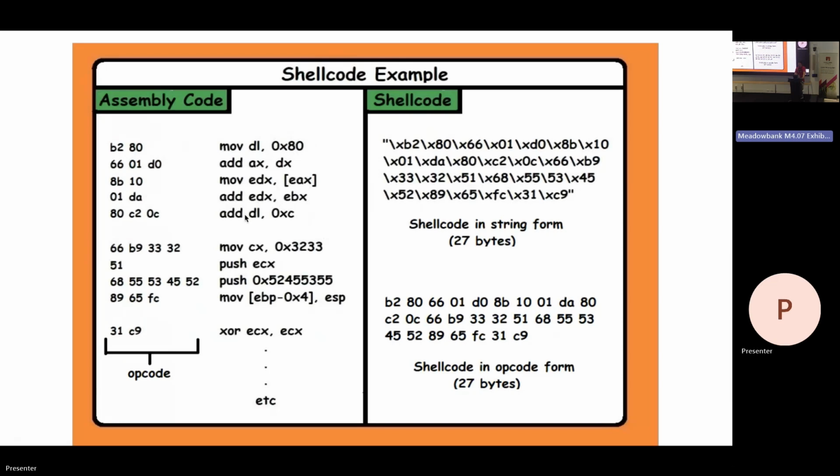And if we want to convert this assembly code into a string, we usually escape the opcode using the \x to indicate that it is a hex.